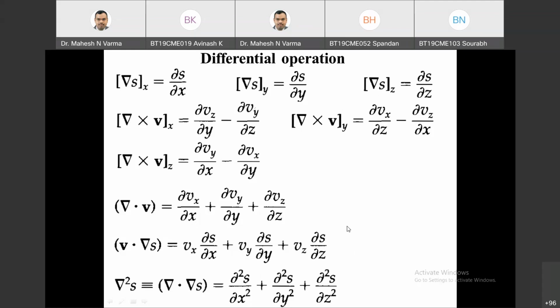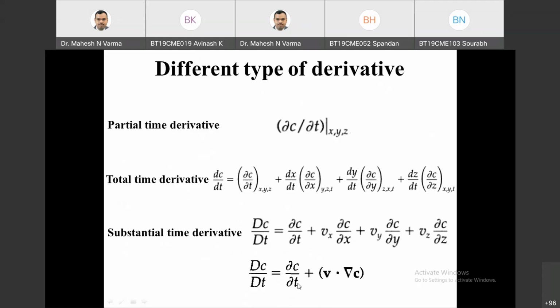That will be sufficient for you, at least for this transport phenomena subject. Anyway, we are discussing whatever is needed. This is del square of a scalar, which can be represented as del dot del s, so this will be del squared s by del x squared, and so on.